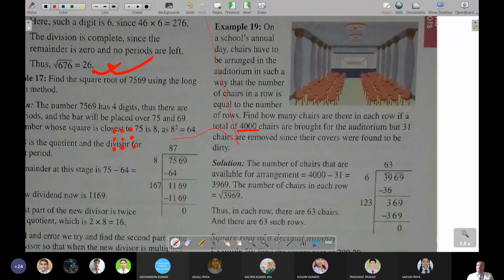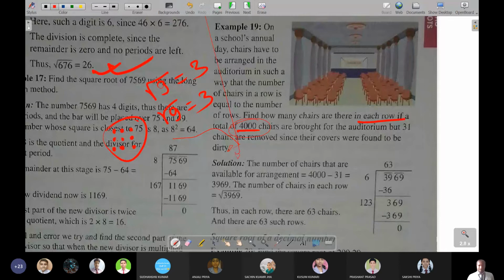That means 3 and 3, so 3 3s are 9 altogether. The number of columns is root under 9, that is 3. The number of rows is root under 9, that is 3. In the same way, here it has been said to find how many chairs are there in each row. So you will do root under 4,000, then you will get the number of chairs in each row.